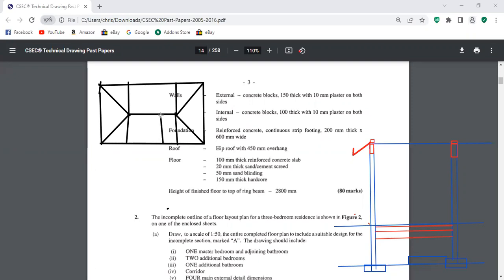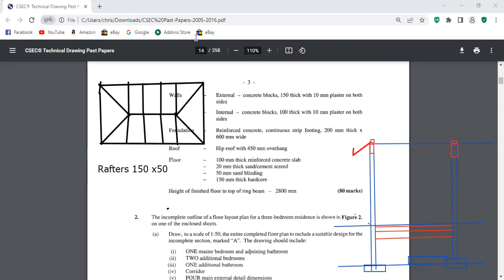We have rafters, yes. We have rafters, we have a ridge board, and rafters. And what's the dimension for rafters? 150 by 50 typically, yes.